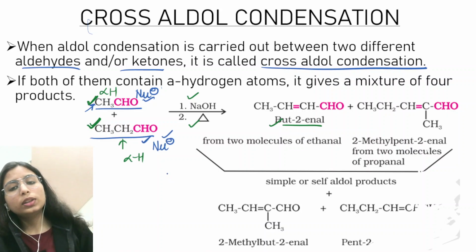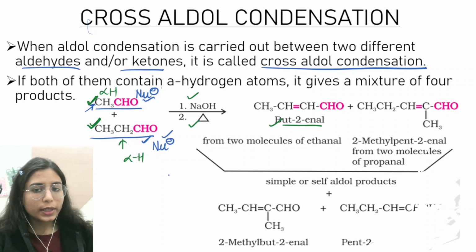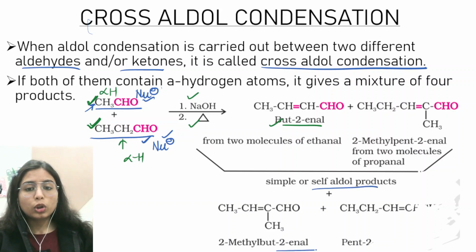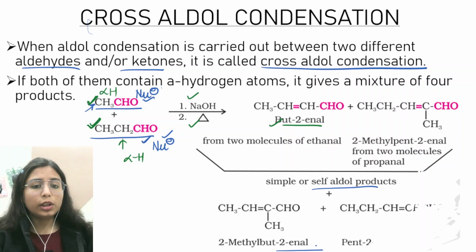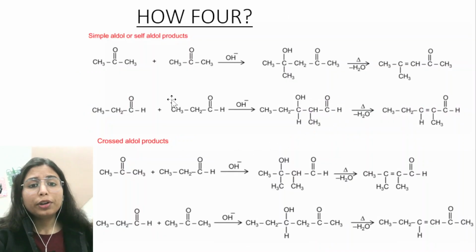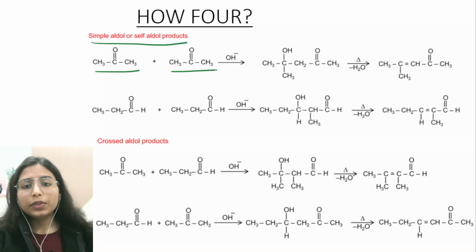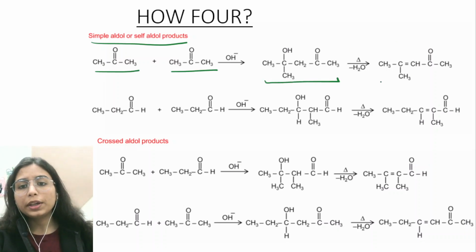Depending on these two you will get 2 products, and in total including the self-aldol products and the cross-aldol products, you will be able to get 4 products. Okay, so let us have a look at what the 4 different kinds of products are and how they are formed. So basically here, talking about the self-aldol products, this molecule will react with itself in order to form this aldol product, which upon heating will give me this product.